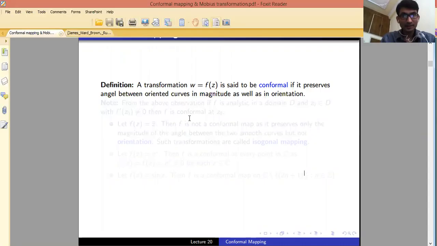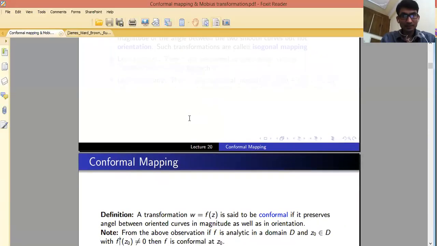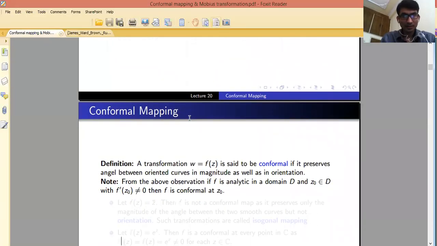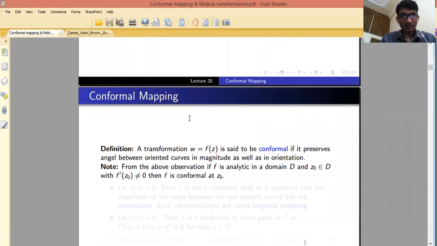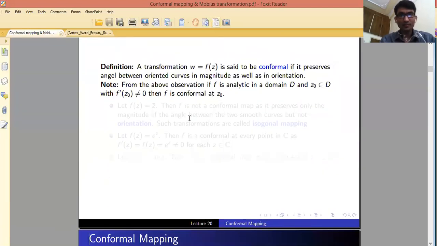In the conformal mapping, a transformation w equals f of z is said to be conformal if it preserves the angle between these curves.